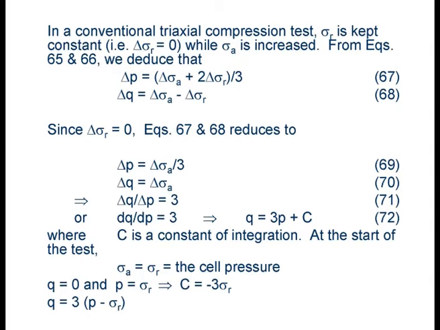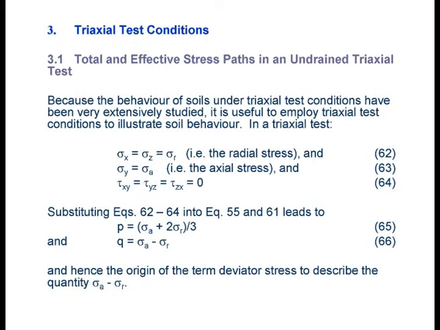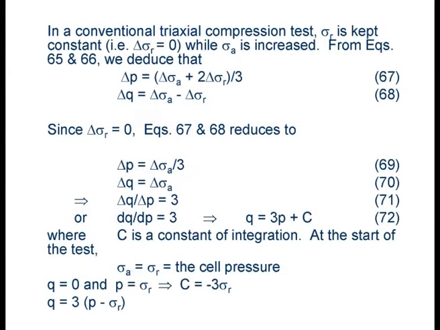The incremental form is the change in P equals the change in sigma A plus 2 times the change in sigma R divided by 3. Change in Q equals change in sigma A minus change in sigma R. This is just deduced straightforwardly from these two equations, by just putting delta in front. So essentially you can deduce the change in P and change in Q.